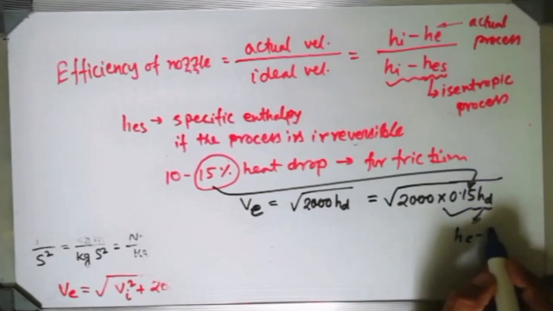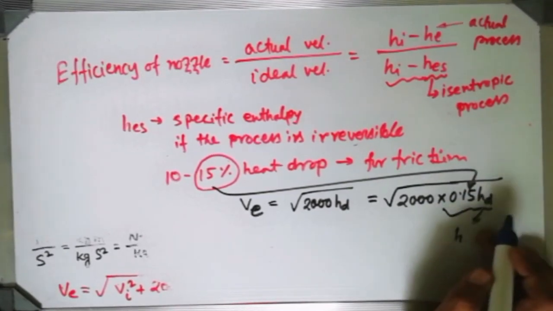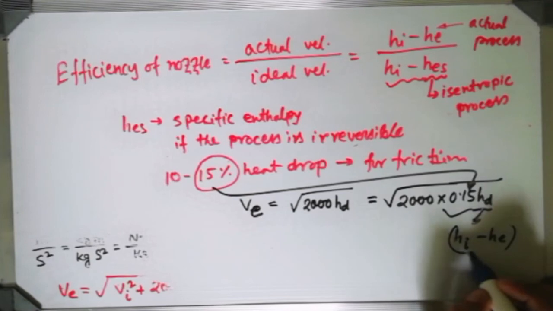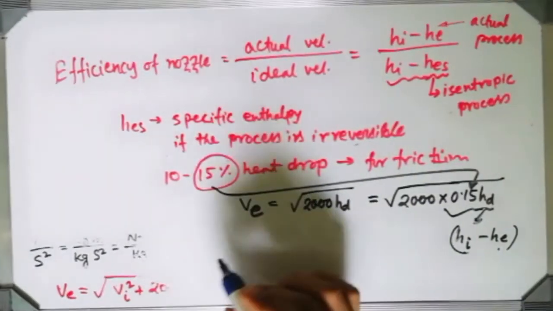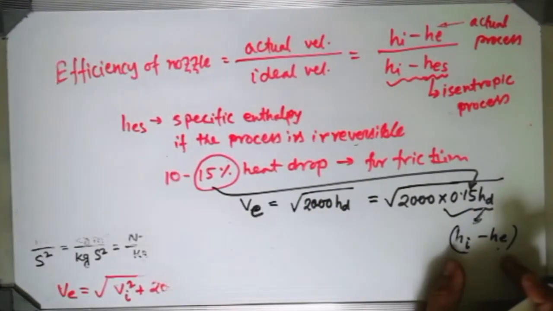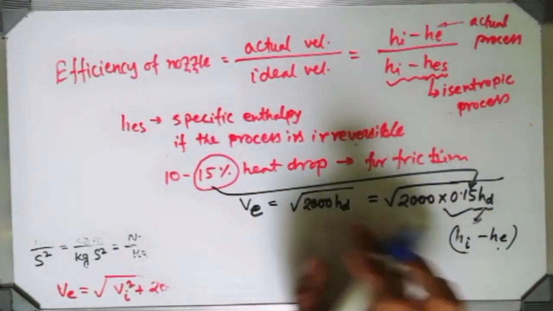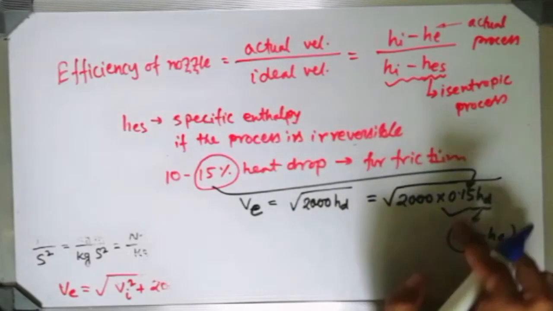Sorry, HI minus HE. That HI and HE can be gathered from the steam table, but they are for the isentropic process, and in the actual case 15% will be dropped. That's why 0.15 will be multiplied with it.